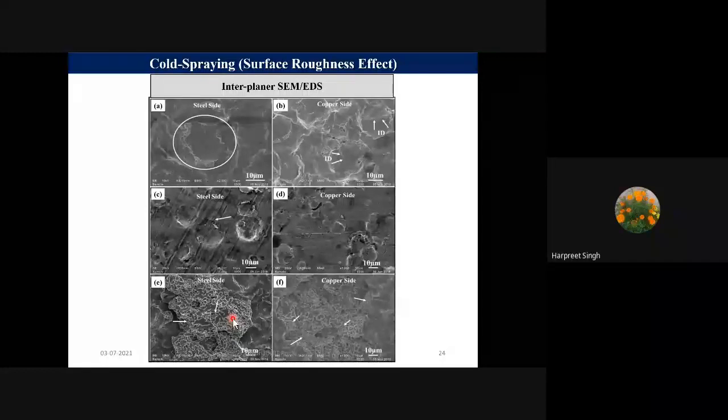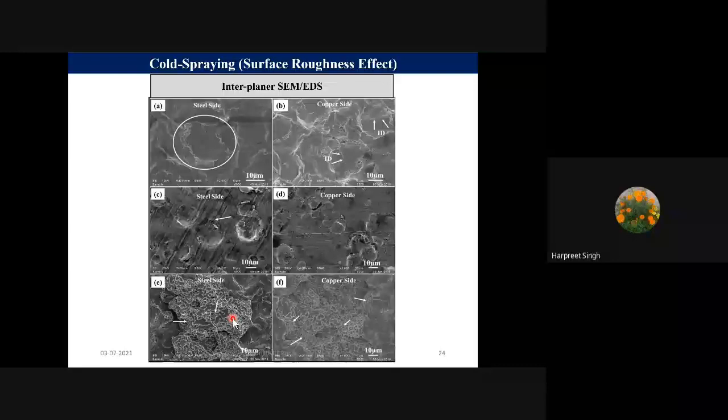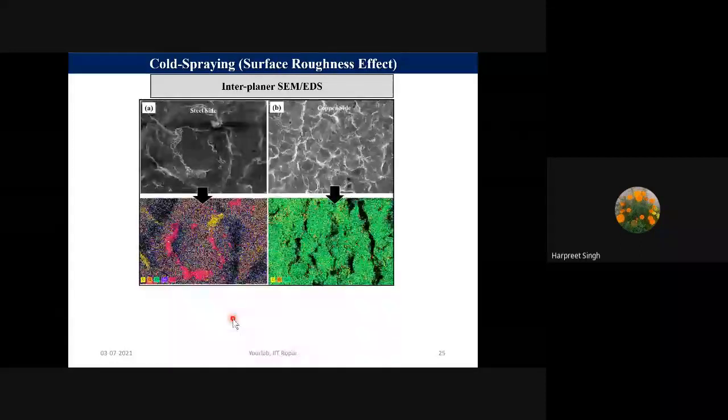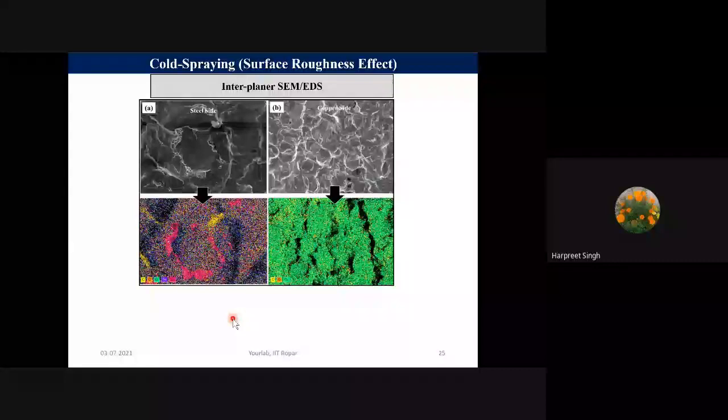Now the way forward for such a thing is that we all know that SEM can give us the morphological things, but if we want to get some compositional aspects, you have to do what you call energy dispersive spectroscopy, and that's what we did. And that gave us further understanding of what was happening.